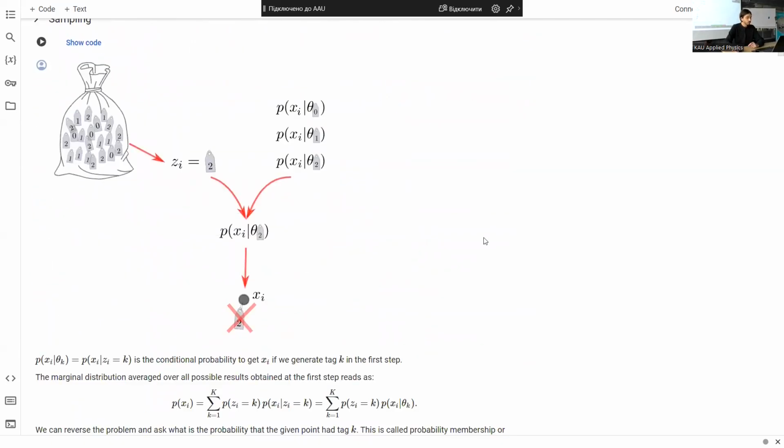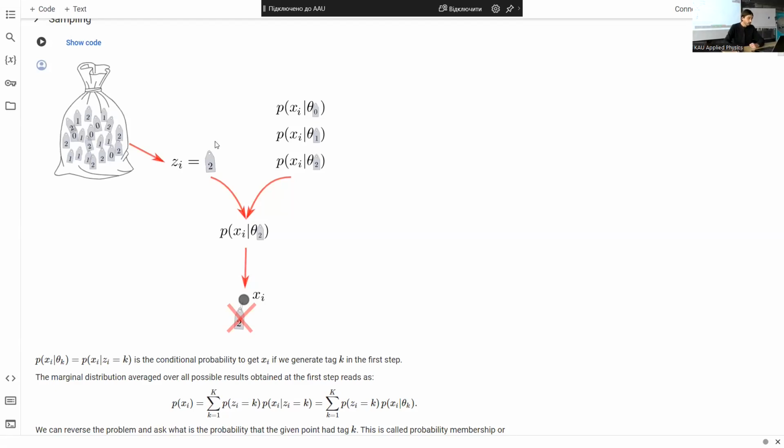And here is a picture that shows you the process in one more hand-waving way. Here is some sort of bag with labels, and we are getting one of the labels at random. Of course, depending on the number of labels in the bag, you will have different probabilities of getting each label. If you have many labels number 1 and not so many, let's say, with number 2, you will get different probabilities of getting 1 or 2.